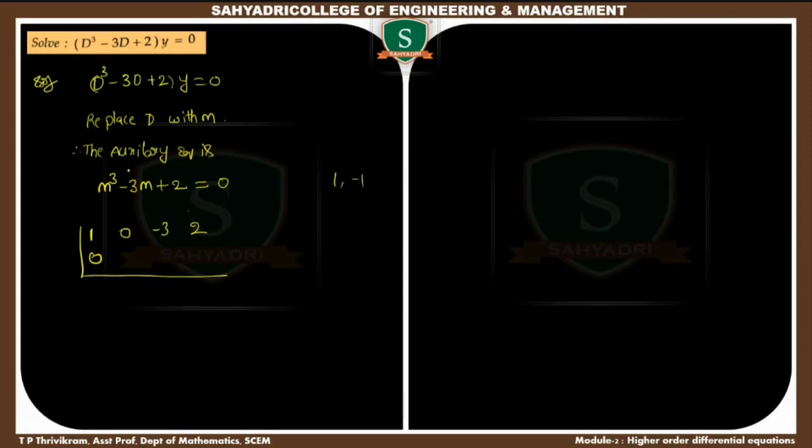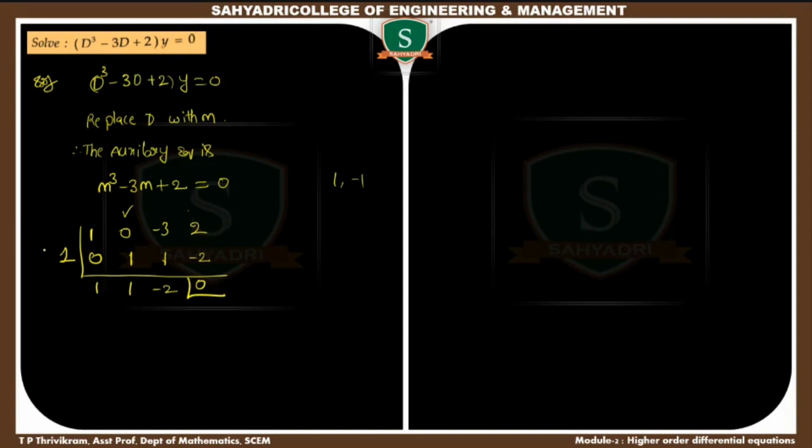That's why I write 0 into m square. So we got 1 as a solution. Add it, you get 1, multiply, you get 1, then add, you get 1, again 1, add it, you get minus 2, multiply with this, you get minus 2, if you add, again 0.